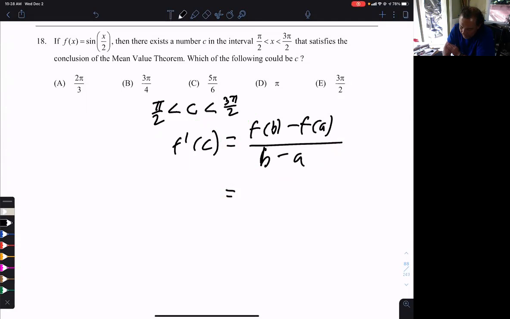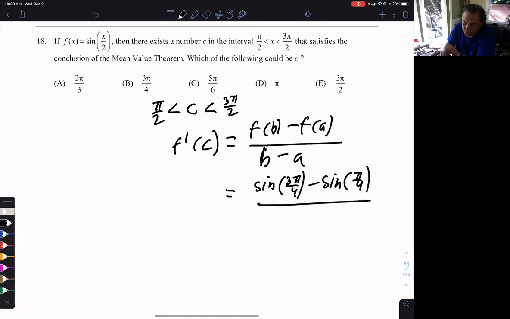Well, we're going to have the sine of 3 pi over 2 divided by 2, so that's 3 pi over 4, minus, then we're going to plug in pi over 2, but pi over 2 over 2 is pi over 4. And that's going to be over 3 pi over 2 minus pi over 2.